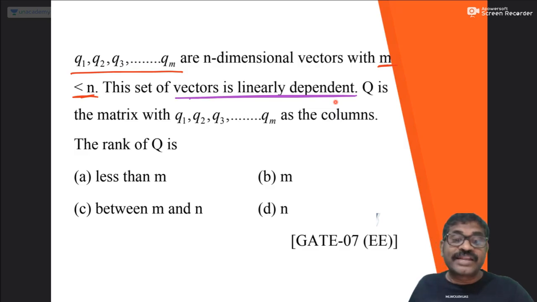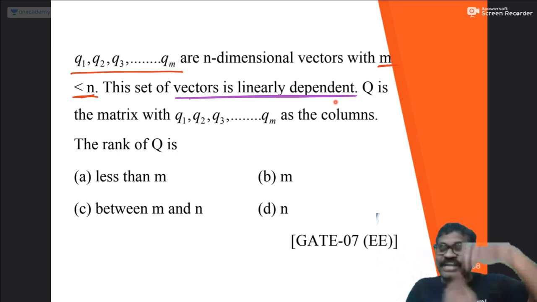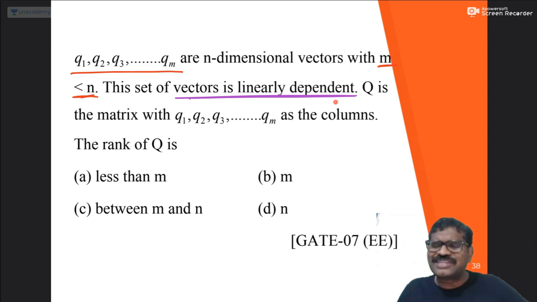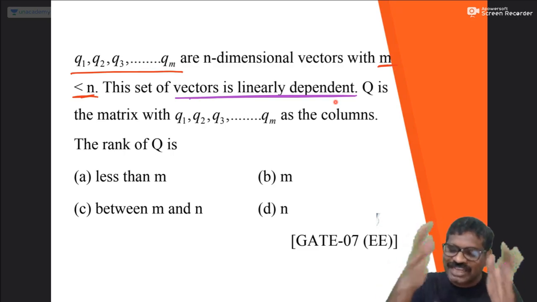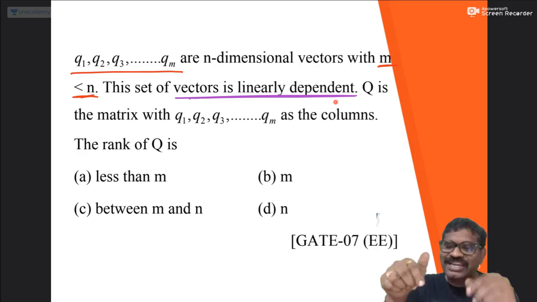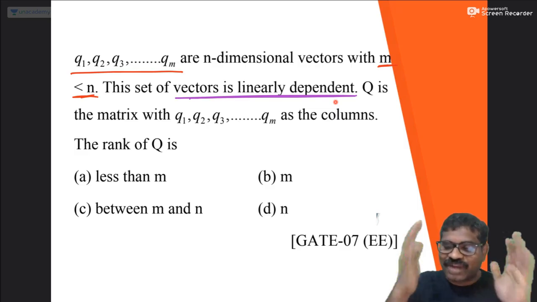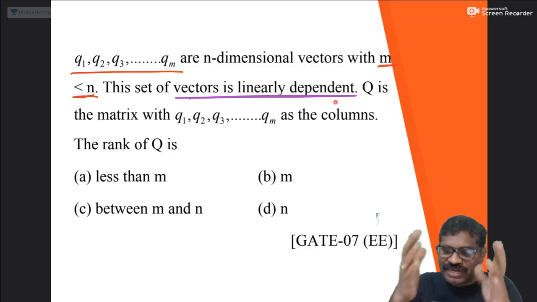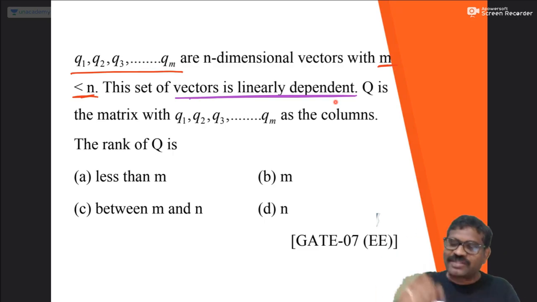Now, matrix Q is formed by these m vectors. The matrix is arranged with these m vectors. So what is the concept? I have given m vectors and you have arranged them in a matrix. We found that the rank of that matrix is less than m. Suppose I have given 10 vectors, you arranged them in a matrix, and you calculated the rank.